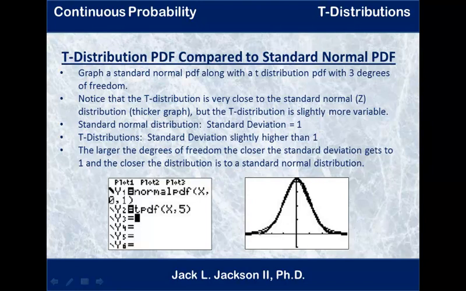So notice the normal's a little lower here on the outside, but when it comes in the middle, the normal's up above. And so we see that the T distribution is a little bit more variable than the normal distribution. So the standard deviation is going to be a little bit higher than 1 for that T distribution. And if we keep getting that degrees of freedom higher and higher and higher, it starts to look more and more and more like the normal distribution.